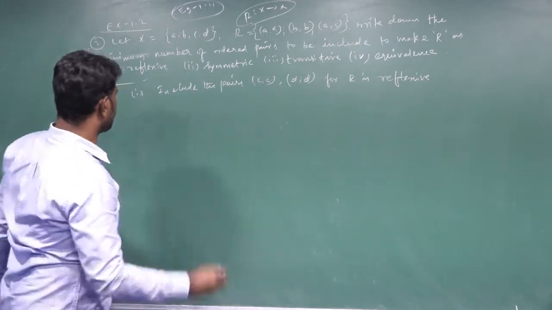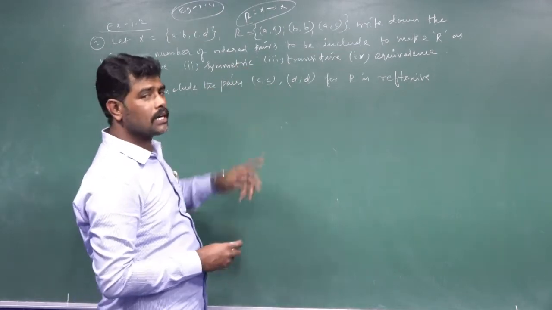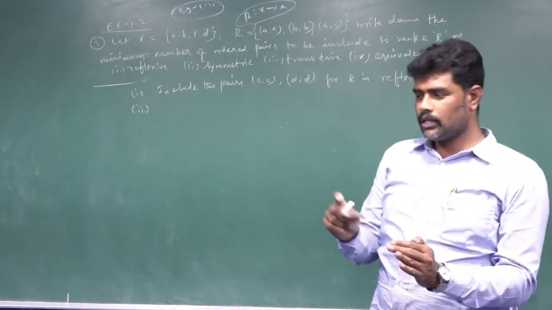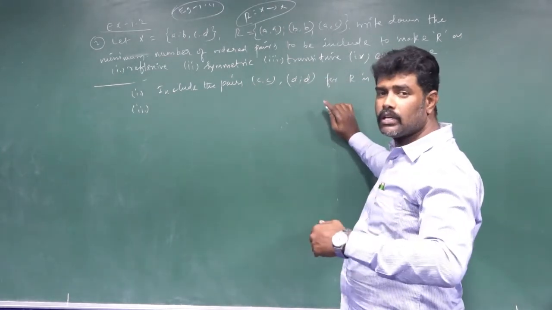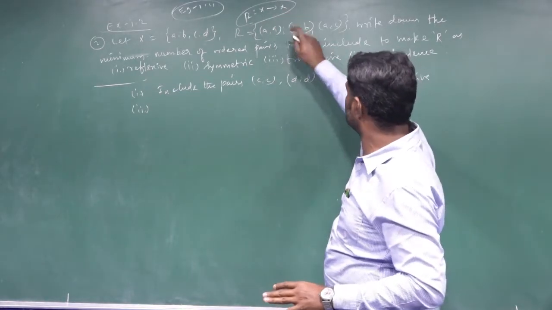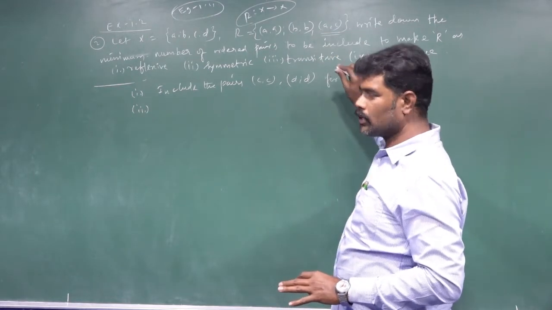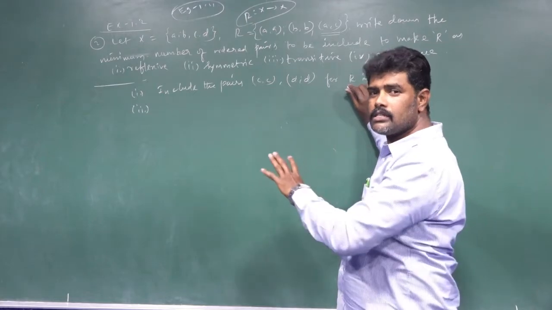That's over. Okay. In the second case, symmetric. What is the condition for symmetric? If the pair A comma B is there, then the pair B comma A should be there. We can omit the pairs with the same elements, so leave these two pairs. Take this one only. Here it is A comma C. Now, if C comma A is present here, then it is symmetric.